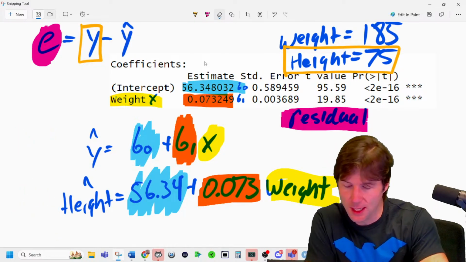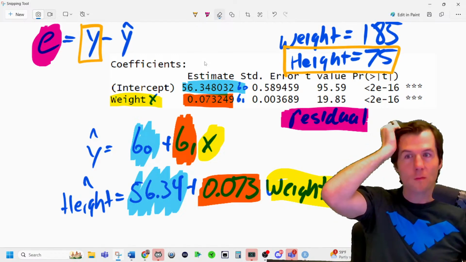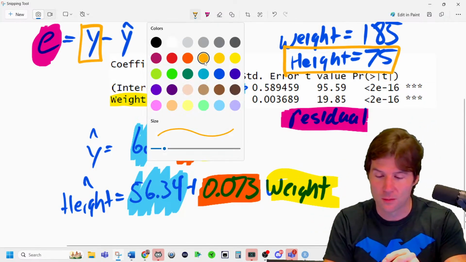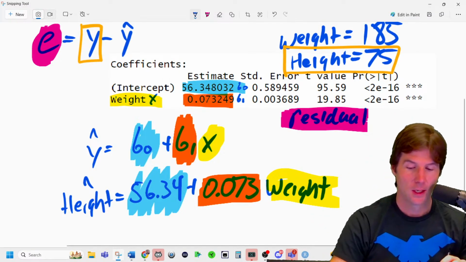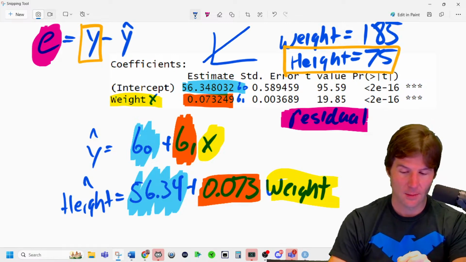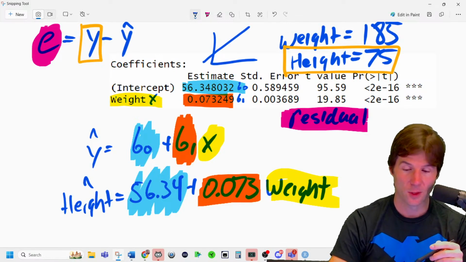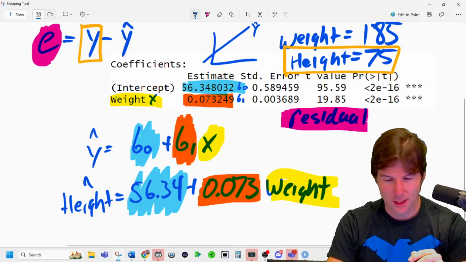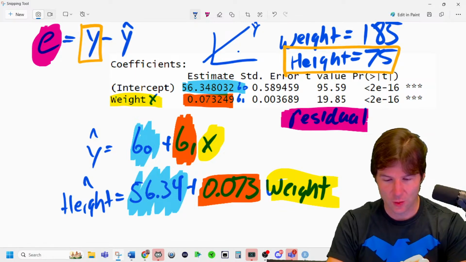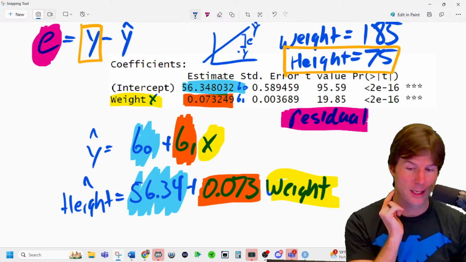A residual is how much the model misses by. When you think about a residual, if you have a line, and the line is the prediction, meaning it's a Y hat, and all the dots are actual Ys, this would have a negative residual because the line overestimates it, and it's below the line.